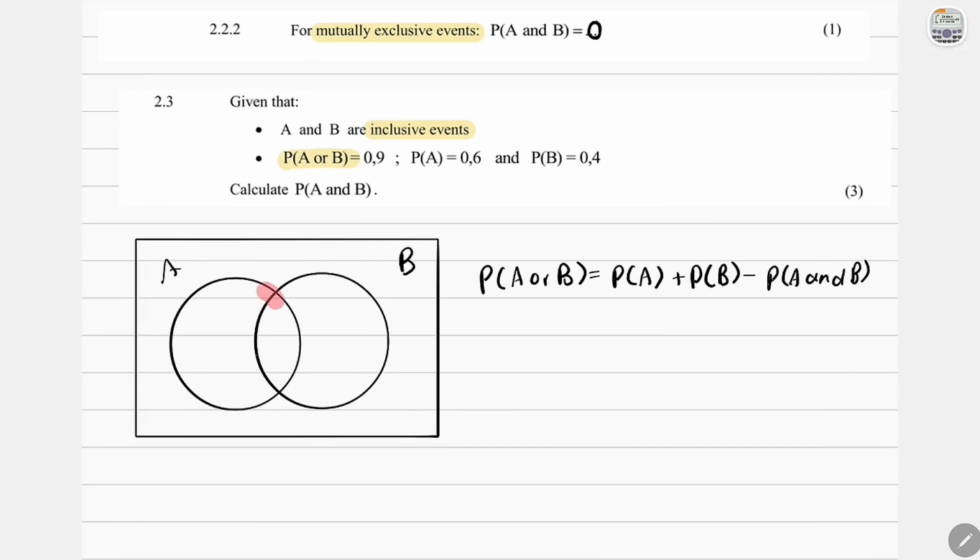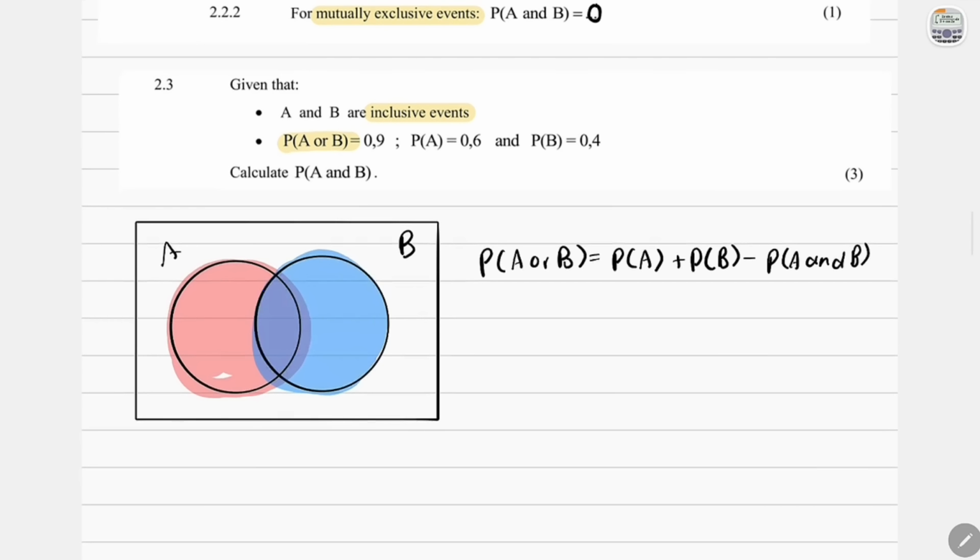So if you said the probability of A, you take everything in the circle of A, right? And then you'd say plus the probability of B and then everything in the circle of B. Do you see a problem that we would have when we do this? We already said the probability of A, including the intersection. And then we said plus the probability of B and included the intersection again.